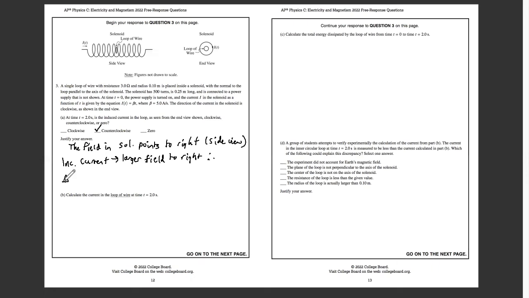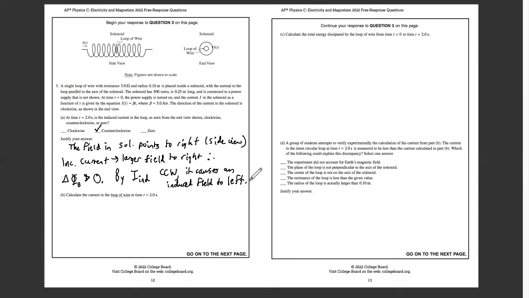Therefore, the change in magnetic flux is going to be greater than 0. So how do I calculate that? By having an induced current point counterclockwise, it causes an induced field to the left.